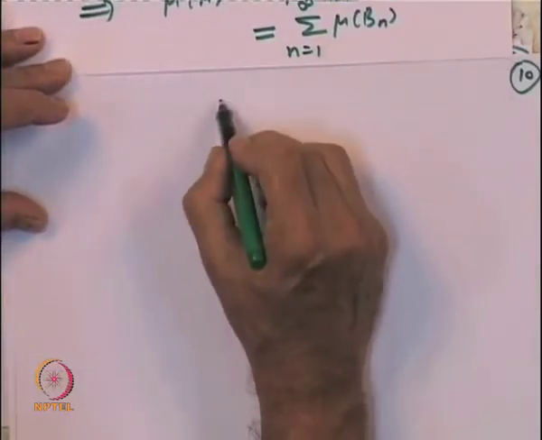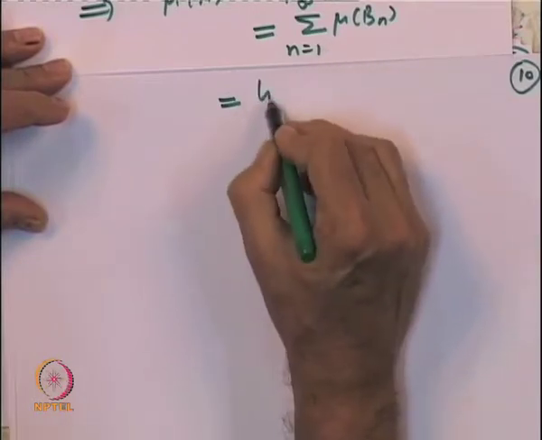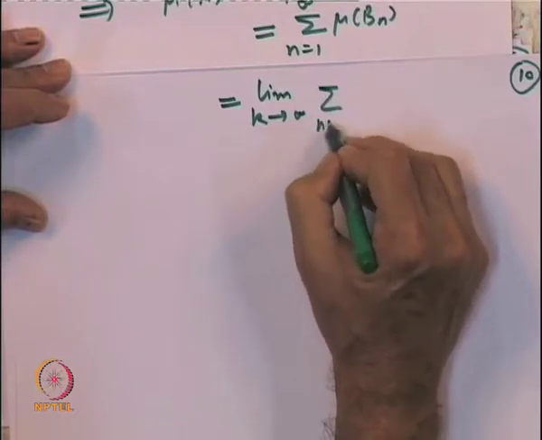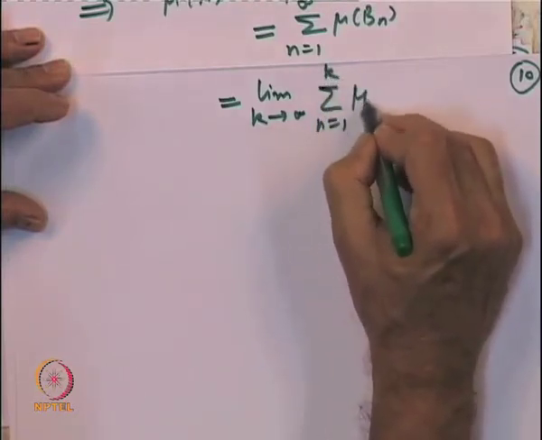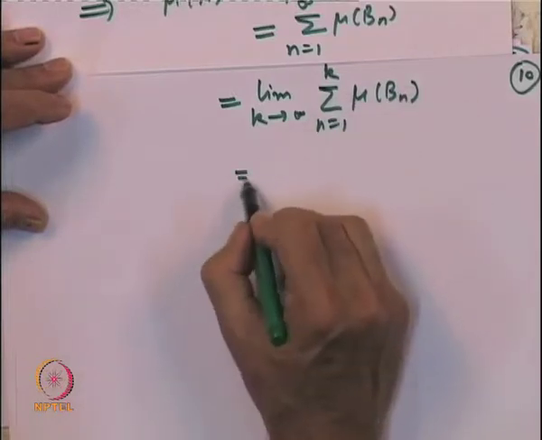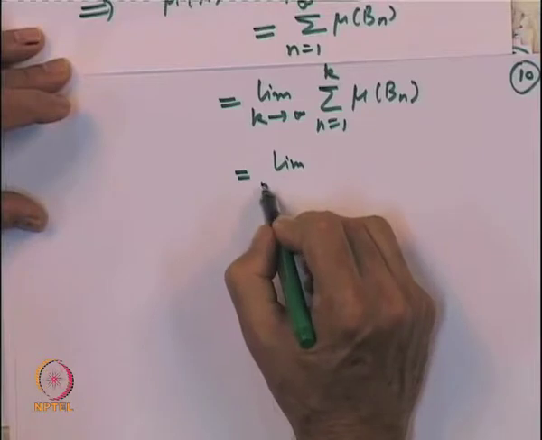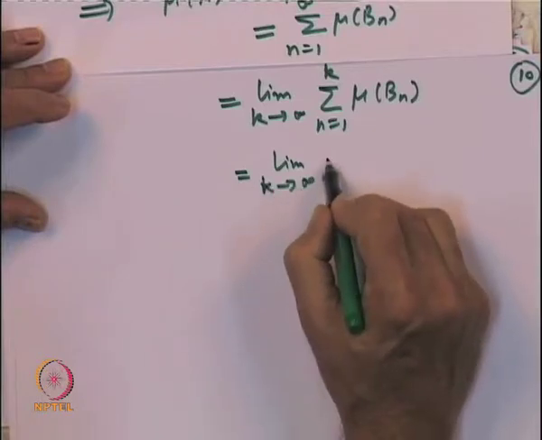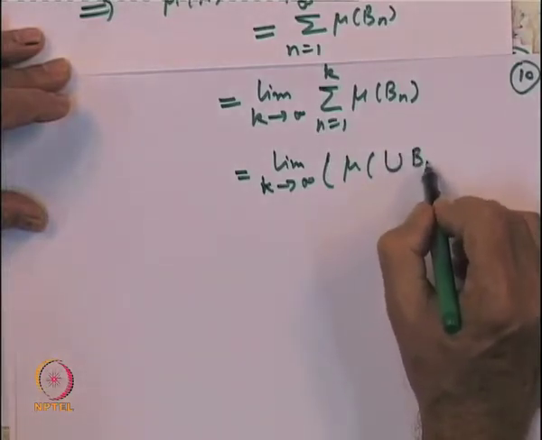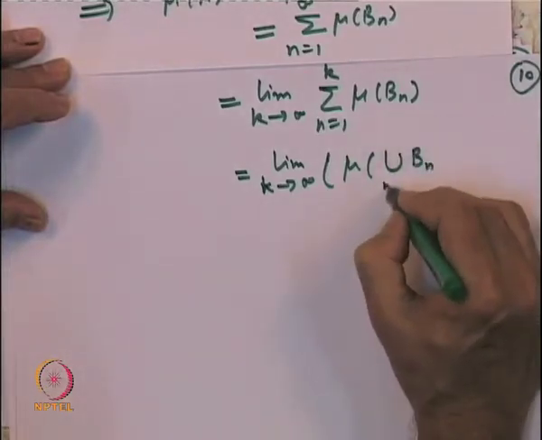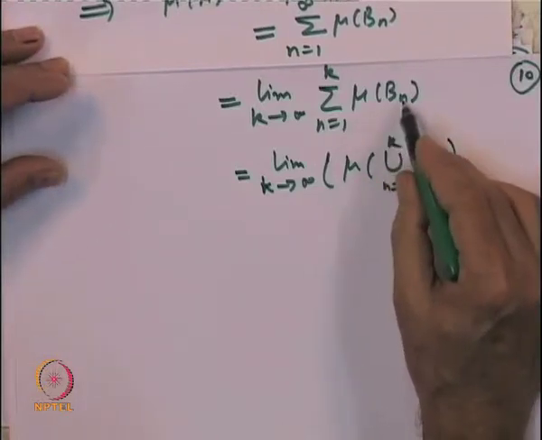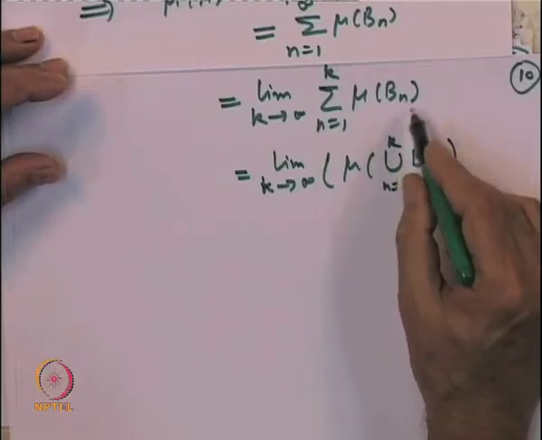So, here is an observation, this summation I can write as limit k going to infinity of the partial sums, n equal to 1 to k of mu of B n's. But B n's are disjoint. So, this is the same as limit k going to infinity of mu of the union of B n, n equal to 1 to k, because B n's are disjoint, by finite additive property, this must be true.